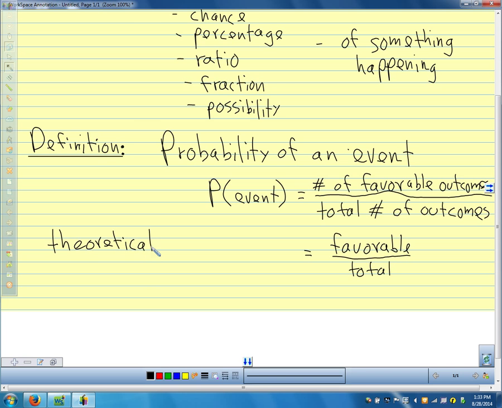Because what we're using here is what we know about something, what we know about standard number cubes, what we know about coins when we flip them. We're using what we know to calculate the favorable and the total.